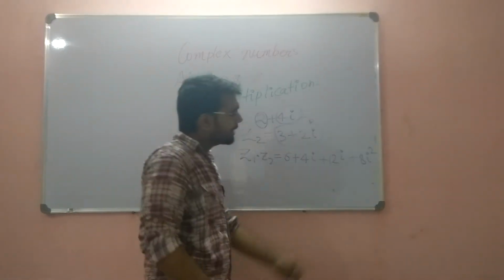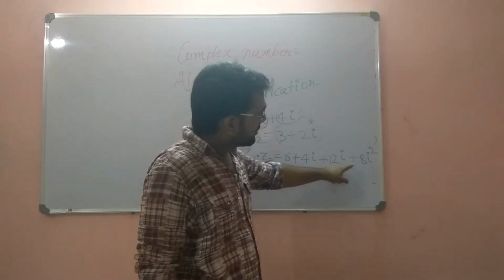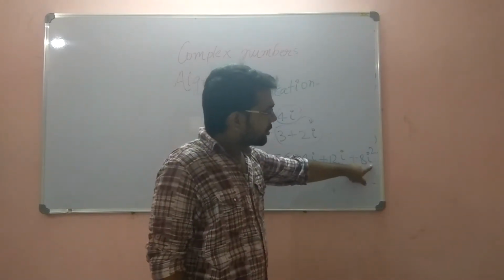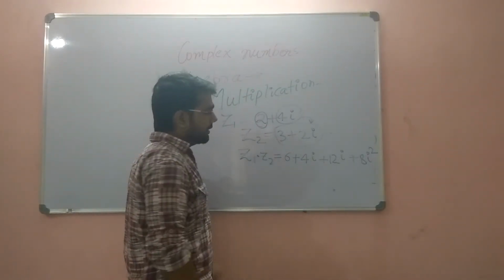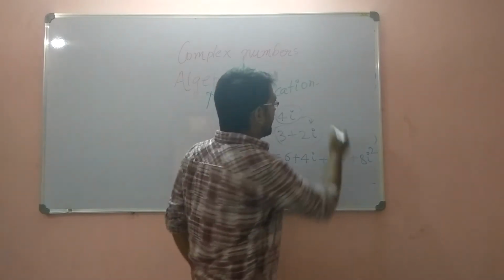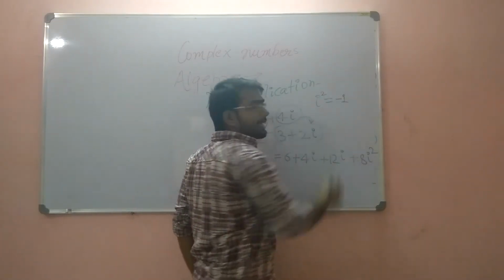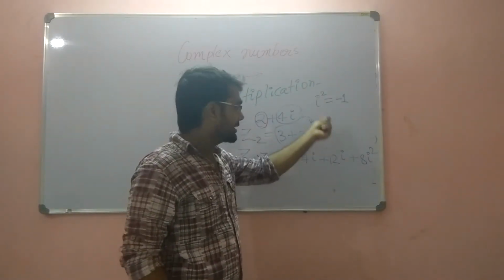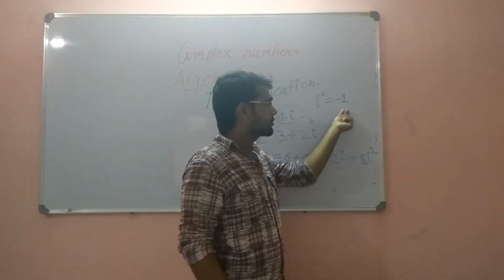Now you have already seen iota, but you don't know about iota square. I will tell you about the powers of iota in the next video, but for here the value of iota square equals minus 1. I will tell you how this iota square is minus 1 in my next video, but for now take iota square equals minus 1.